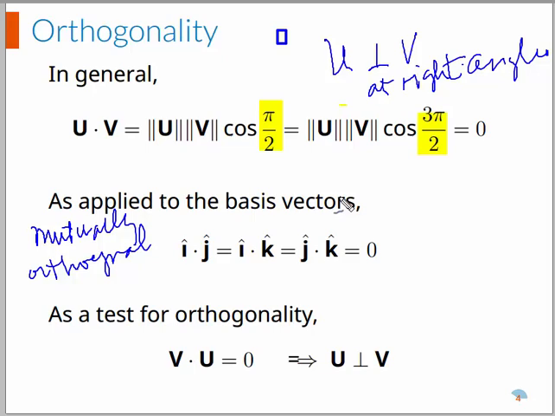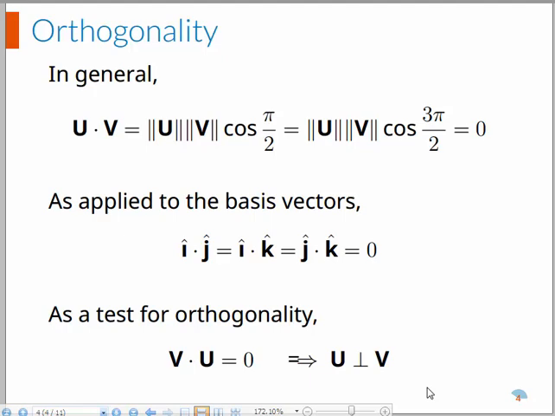We're going to use this later to develop the coordinate approach to dot product. When using the coordinate-free approach to vectors, the fact that the dot product is 0 is, well, it's interesting. It's just part of the definition.